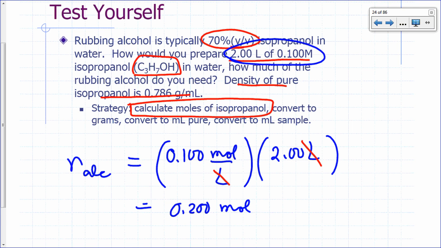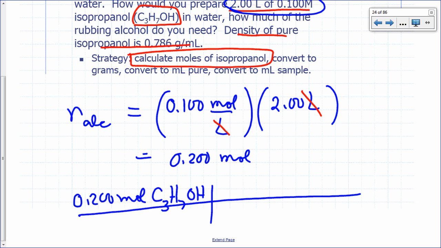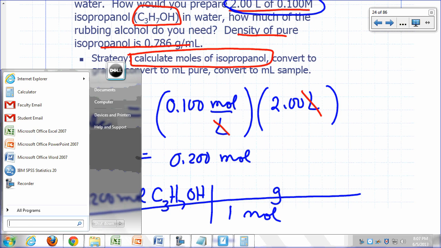Now, you change that to something you can measure in the lab, which is grams. So 0.200 moles of C3H7OH, change that to grams. Grams per mole. What's the molar mass of isopropanol? Let me do a quick shortcut here.